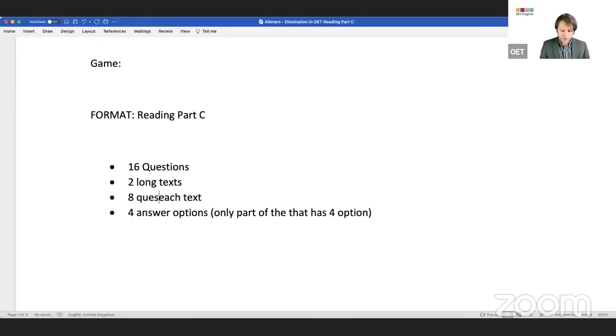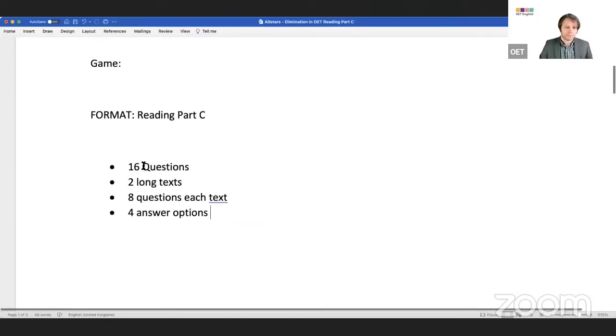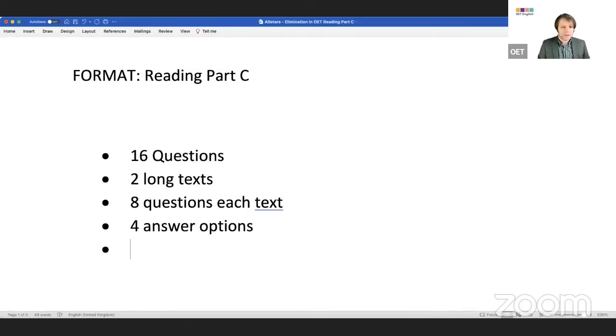There are 4 answer options, and this is the only part of the test that has 4 options. That's an important point. I'm going to get rid of this just to keep things simple today. I'll zoom in. Okay, a bit more difficult format question. Let me do a bit more difficult now.